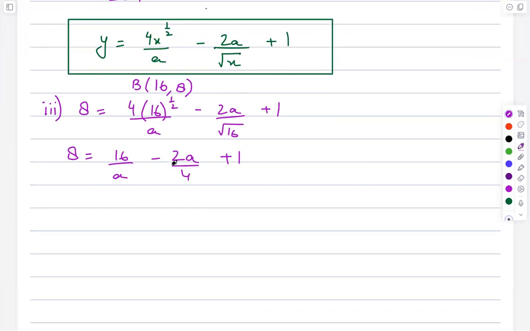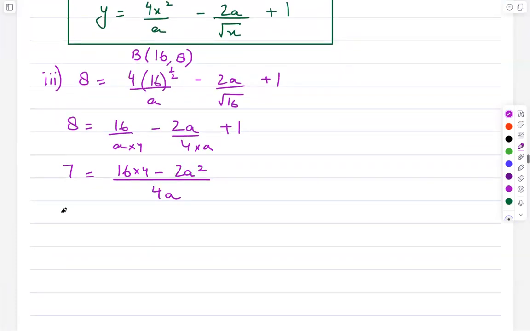So that will be 8 minus 1, that will become 7, is equal to 16, the LCM will be 4a up here. So this will multiply by 4 and this will multiply by a, so this will become 2a squared. Cross multiplying, we'll get 28a is equal to 16 times 4 is 64 minus 2a squared.